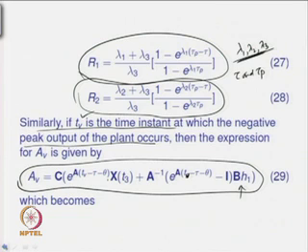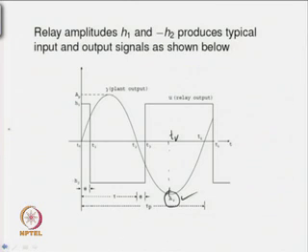Now, how can I find analytical expressions for other parameters? We have also found analytical expressions for the parameter T p, the time at which the peak amplitude occurs, and T v, the time at which the minimum or negative peak occurs.